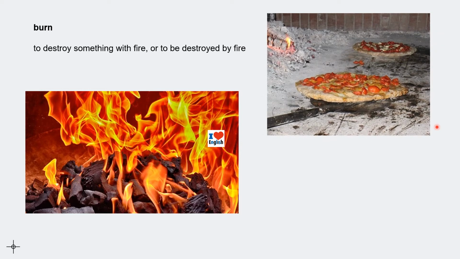Sometimes in the kitchen we have to be careful when we cook. Look at this pizza. Check the pizza. I think it's burning. Now the pizza is about to burn.